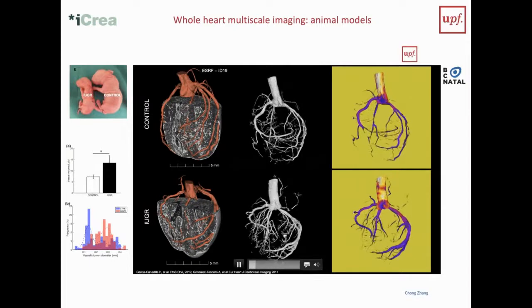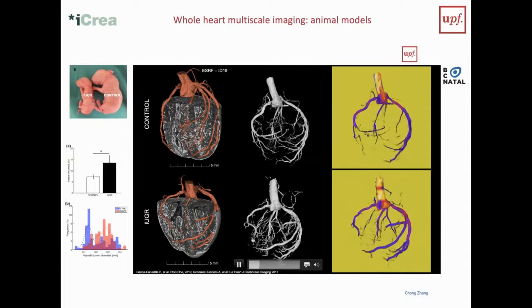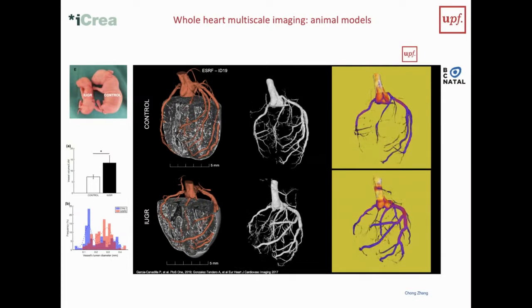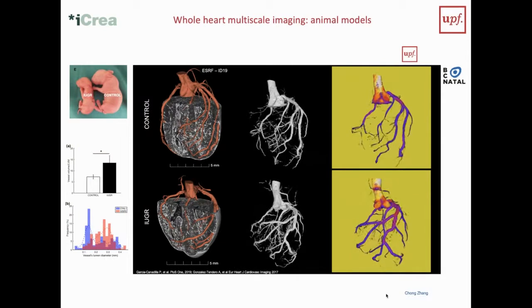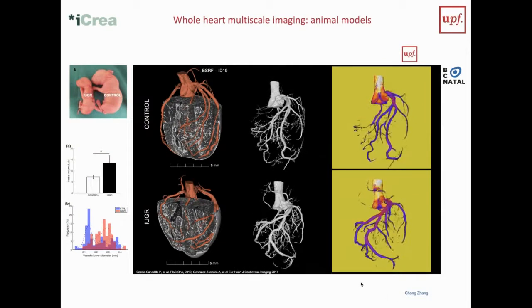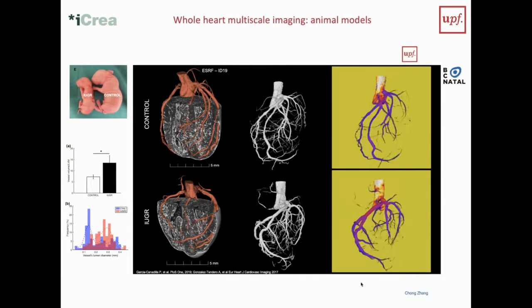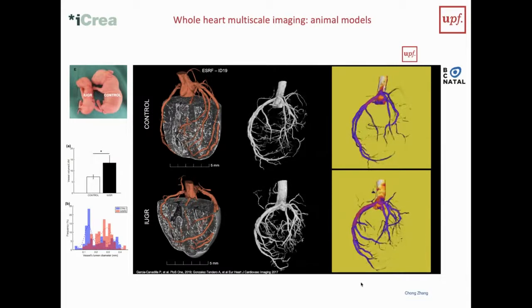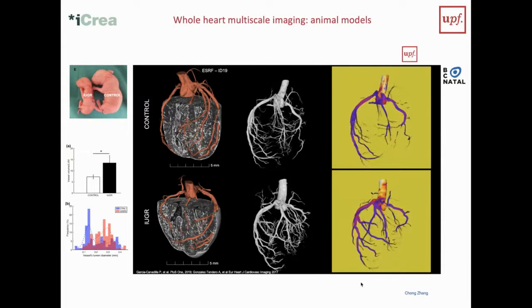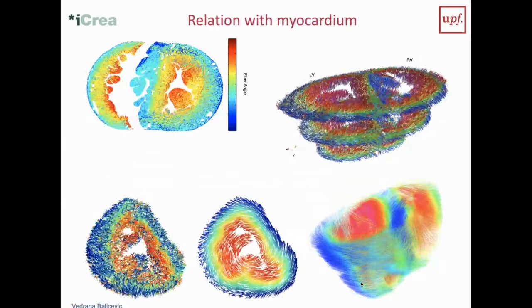What you see immediately is that image processing is very important there. You need to do segmentation based on image processing, and then visualization and quantitative analysis using computer vision is something really relevant in contemporary medical imaging. Looking at this fiber orientation is interesting.